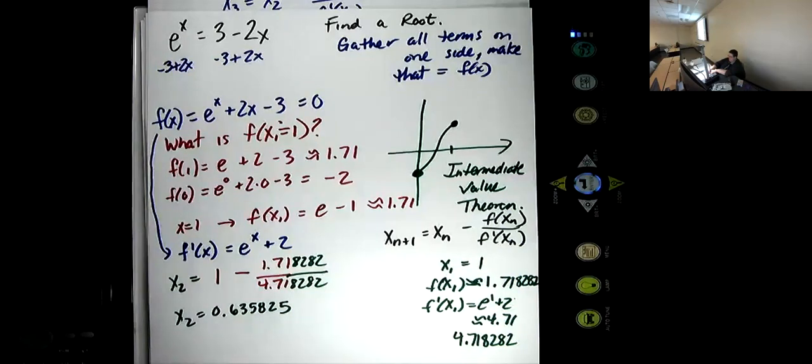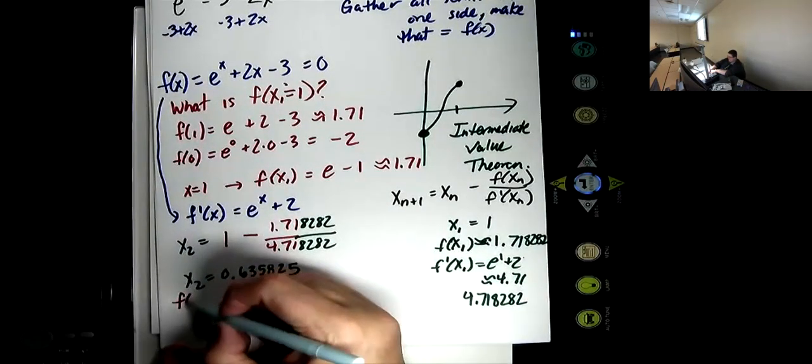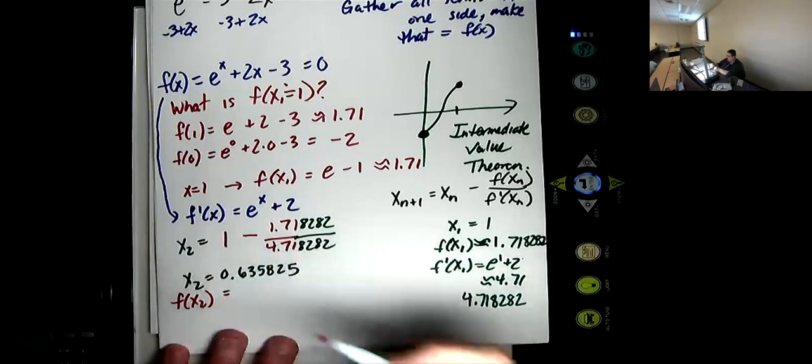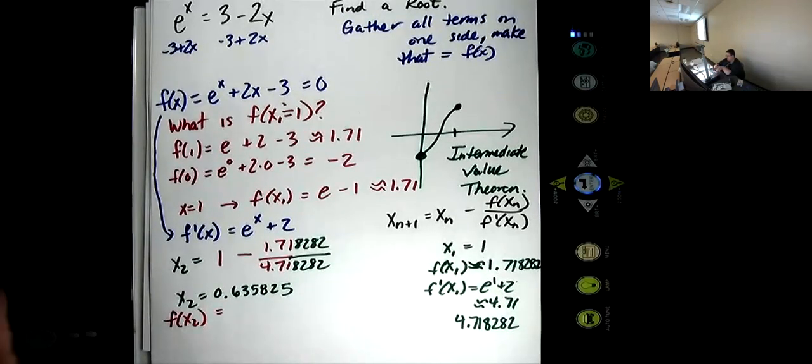What is f of x2? Let's see what its value is. So e to the 0.635825 plus 2 times 0.635825 minus 3.